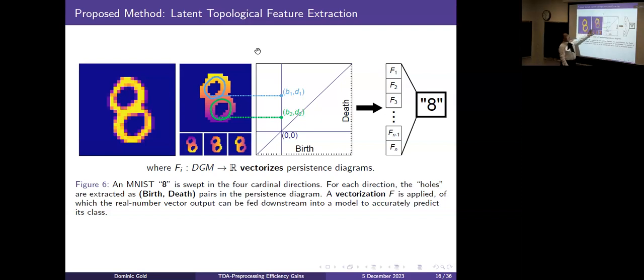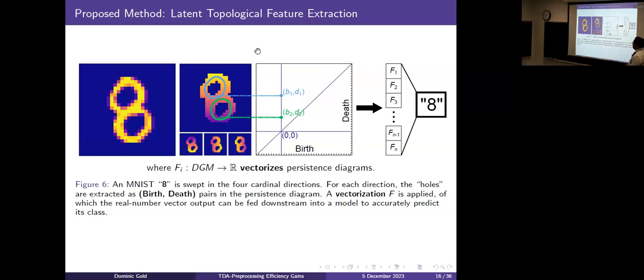So if you can somehow extract these two holes, the fact that they're even present shows you that this is the number 8. That effectively reduces this 28 by 28 pixel image, so 784, into 2 dots, which then we do have to, well, not have to, but something that's very common in the literature in this space, which I'll go over, is vectorize it into a real number vector, and then you feed it into any model you want to predict it.